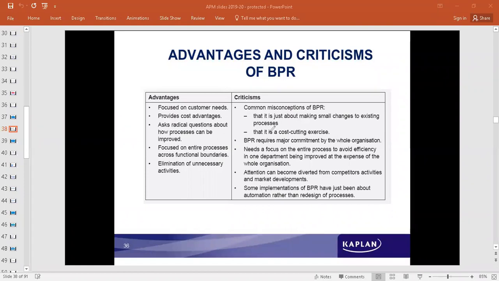When everything has to be redesigned, investment has to be made into technology. So initial investment is very high. So it is a cost increasing activity. It is not an advantage in the initial phase. It is more of a cost incurring activity.